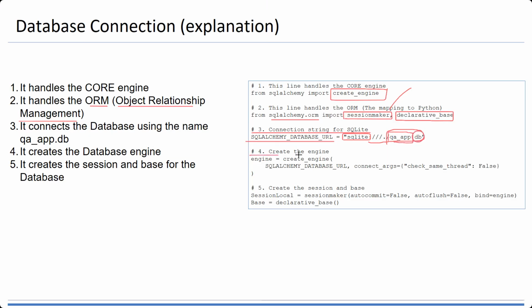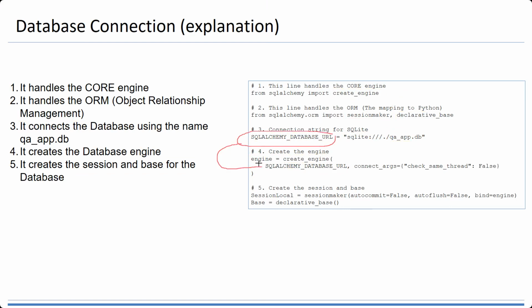And then we are going to create the engine. The engine means I'm going to use the database, which is the SQLAlchemy database URL. So I'm calling the variable name SQLAlchemy database URL, and then I'm going to connect it.